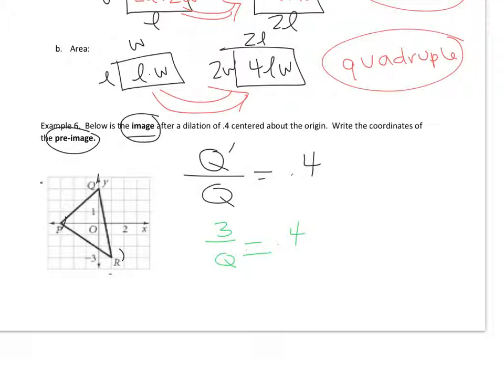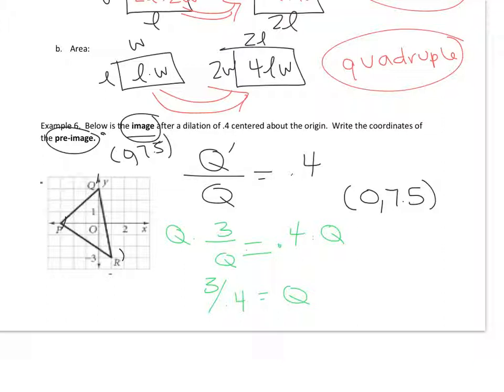Solve for Q. Multiply both sides by Q, so it's going to be 3 divided by 0.4 is Q. I do 3 divided by 0.4, and I get 7.5. So Q is at 7.5, way up here. You need to do that for each one of them. Remember, you do the image divided by the pre-image.